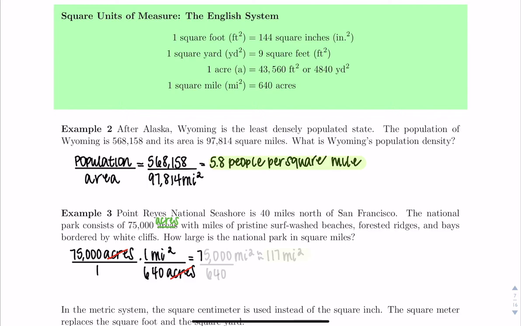And so on top, we have 75,000 square miles, and on the bottom, we have 640 acres, or 640. And so simplifying this, we end up with approximately 117 square miles.